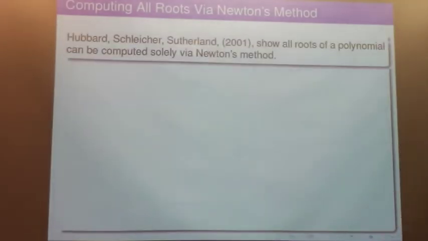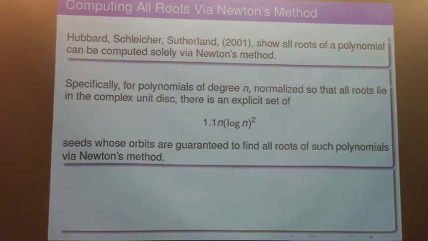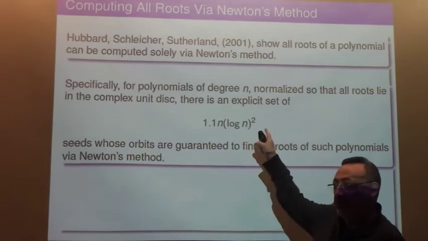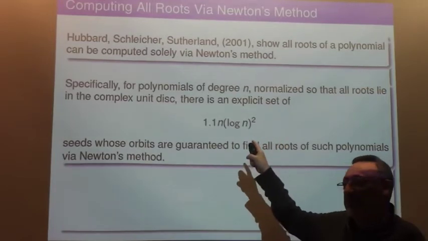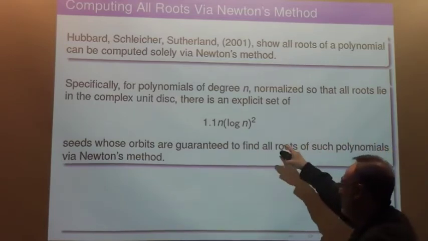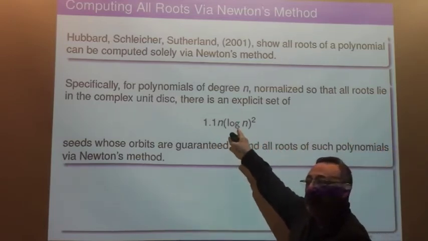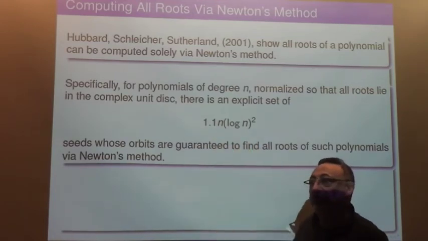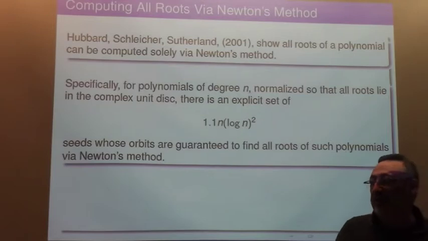For instance, computing all roots of polynomials: there is this paper by these authors in 2001, where they show, using sophisticated mathematics from dynamical systems, that there is a set of this many points such that if you start Newton's method from these, it will converge to all the roots of the polynomial.